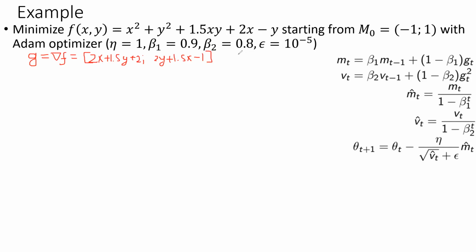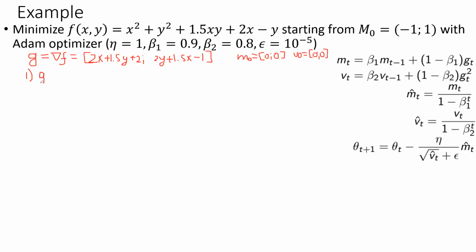So we will put our first m0 as 0, 0, and our first v0 as 0, 0, because we didn't have any iterations before. Now let's calculate our first iteration.